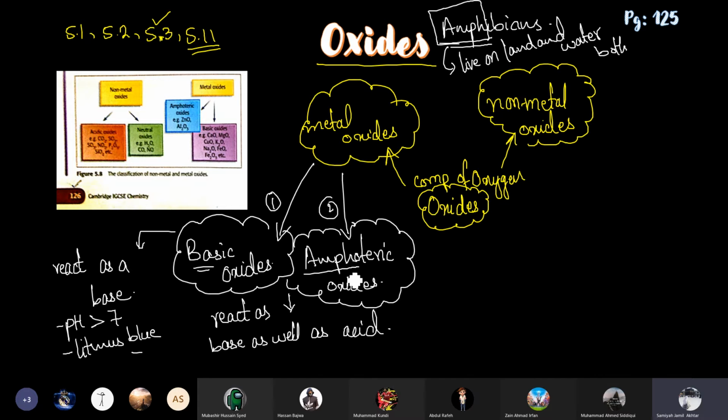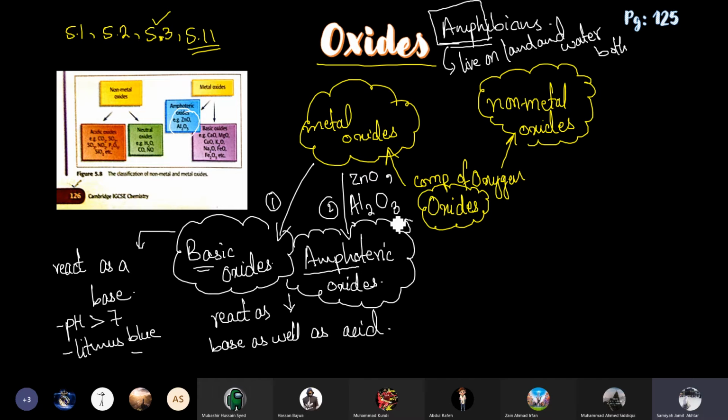amphoteric oxides are metal oxides, made from metals, but sometimes they react as bases and sometimes as acids. There are only two amphoteric oxides, written in figure 5.8 on page 126, the small flow chart diagram: zinc oxide, ZnO, and aluminium oxide, Al2O3.